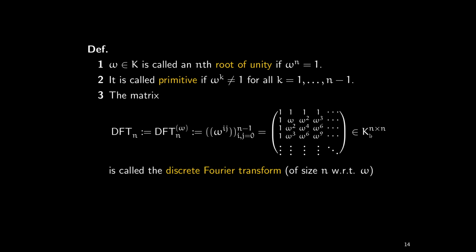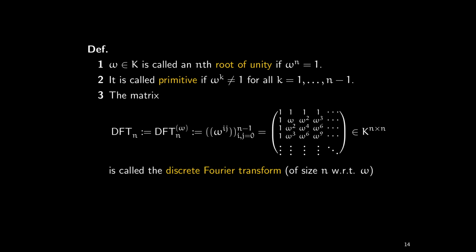And this matrix is a special case of a matrix we have seen already last time. Last time we had the matrix V, which served as a matrix for executing the evaluation of a polynomial at certain points.